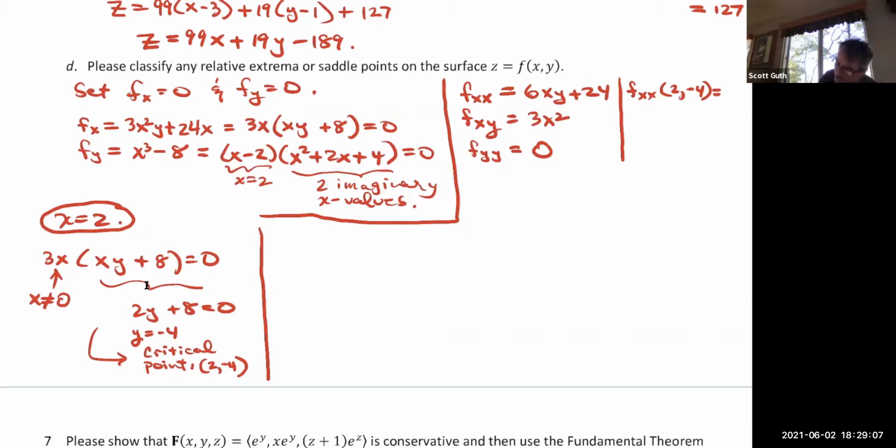I think that's -24. And fxy at (2, -4) is just going to be 3 times 4, so that's 12. And of course, fyy will be 0 everywhere.